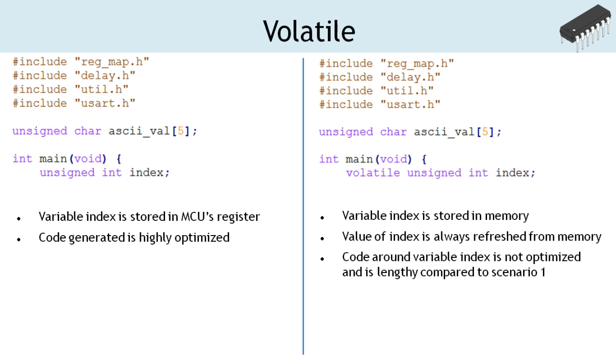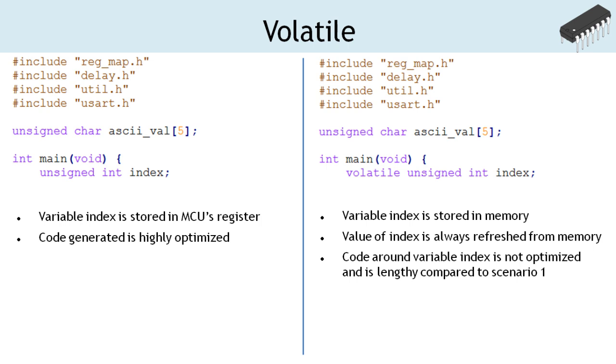Despite the same code in both scenarios except for the usage of the volatile keyword, the assembly code generated is relatively lengthy in scenario 2. This implies the compiler refrains from optimizing the code around the volatile variable even when there is room for it.